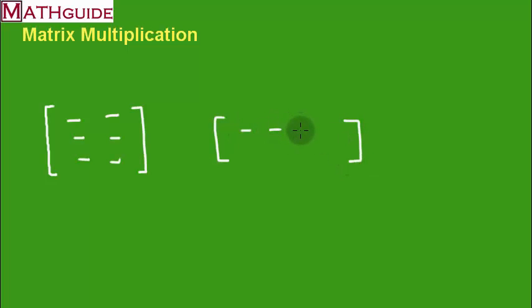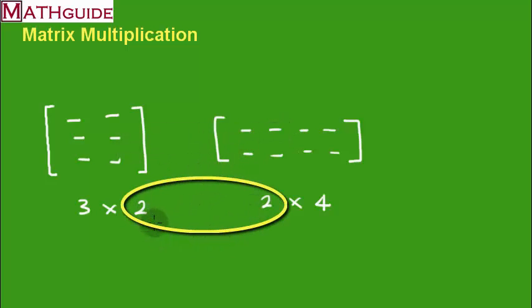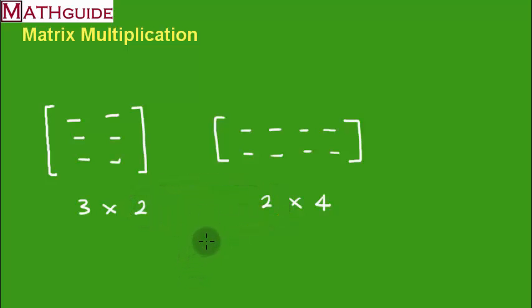What does that mean? This is 3 rows, 2 columns. This is 2 rows, and of course there are 4 columns here. Now it turns out that these are multipliable because these 2 inside numbers match. Great. So now we can see that these match because these 2 numbers fit those 2 numbers exactly.